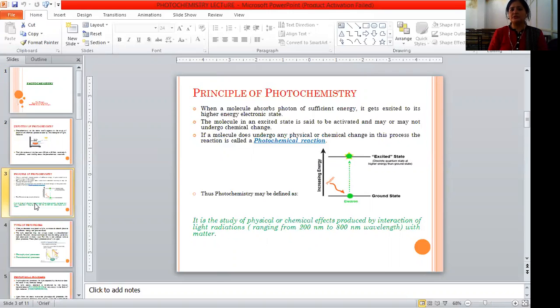If a molecule does undergo any physical or chemical change in this process, the reaction is said to be a photochemical reaction. So we can say that photochemistry is the study of any physical or chemical effects produced by the interaction of light radiations, which range from 200 nanometer to 800 nanometer, with matter.